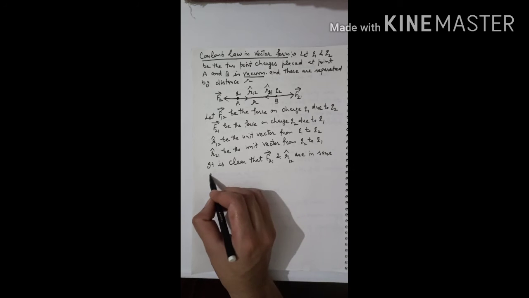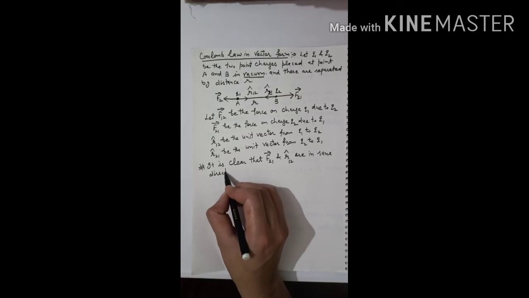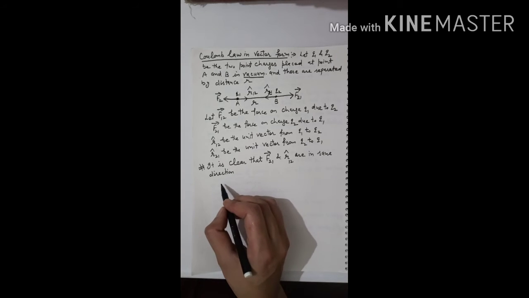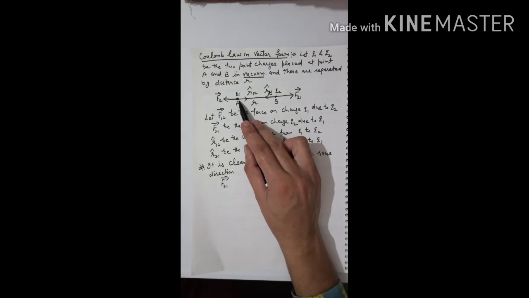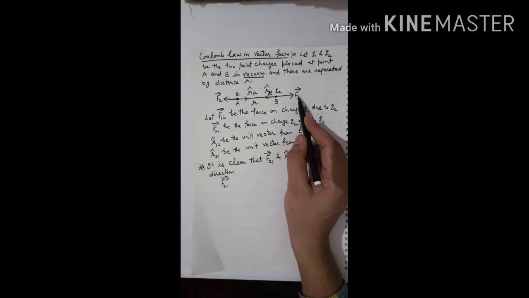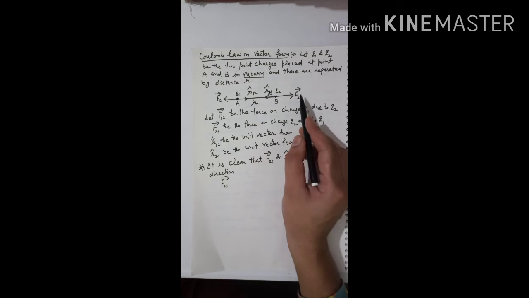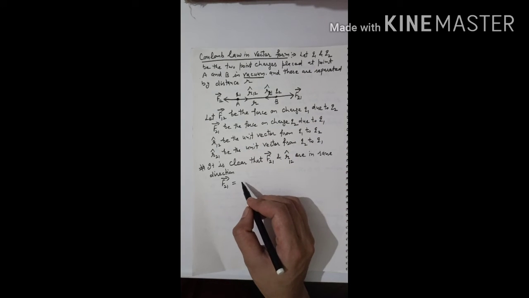This is the important point. The force F21 is the force on Q2 due to Q1, so the direction of this force and the unit vector r12 cap is the same. So this is the force by Coulomb law, as we have previously discussed.